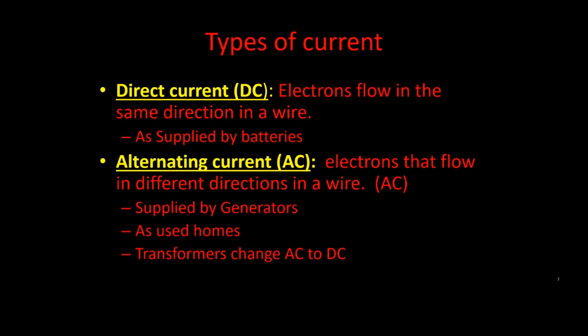So like I said, you can have a DC or an AC current. DC is what we're really dealing with here. All the electrons in a DC system flow the same direction in a wire, and they're a flat waveform. They do not vary. An alternating current system, by contrast, has electrons that flow two different directions in the wire. The output fluctuates, and this is the kind of thing that's coming out of the outlet of your home.